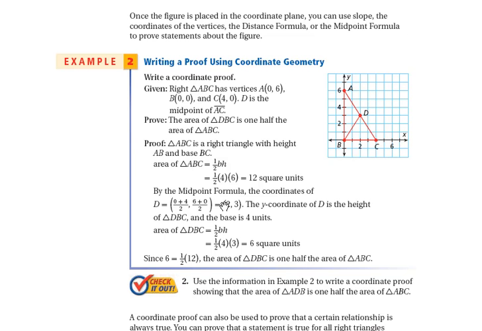Using the midpoint formula, we find that point D is located at (2, 3). And then again, using the area of a triangle formula, 1/2 base times height, and looking at this little triangle, we have a base of 4, a height of 3, and doing the math there, we get 6 square units, which is indeed half of 12.